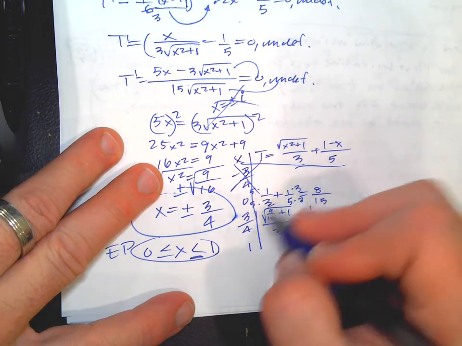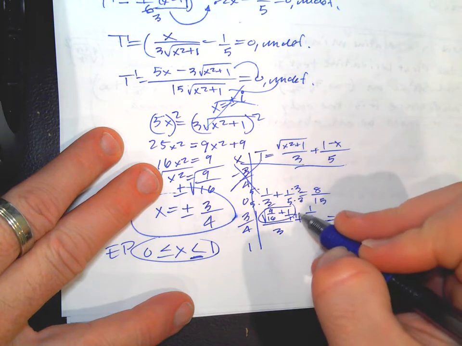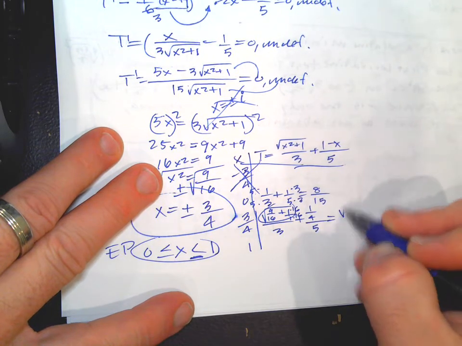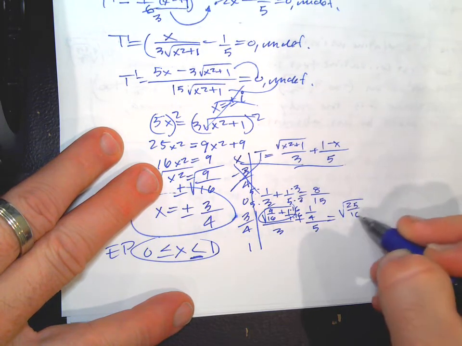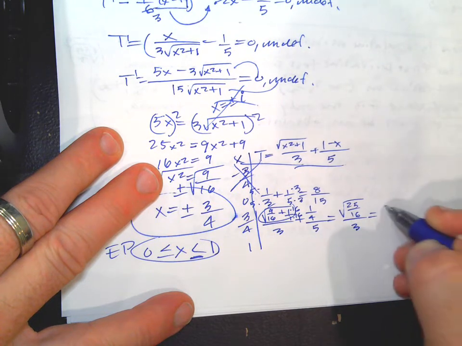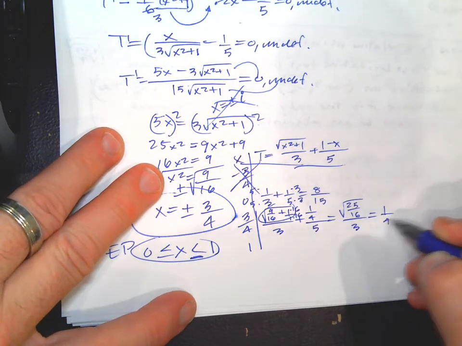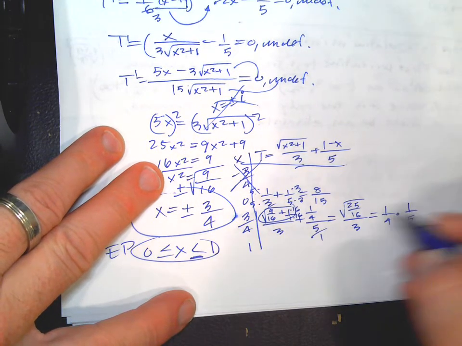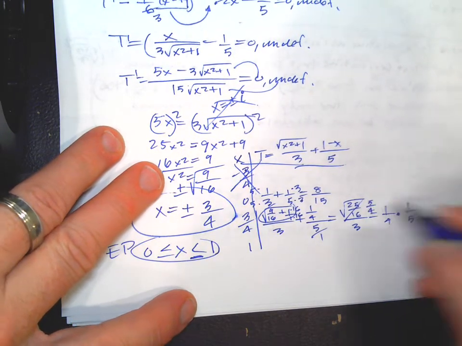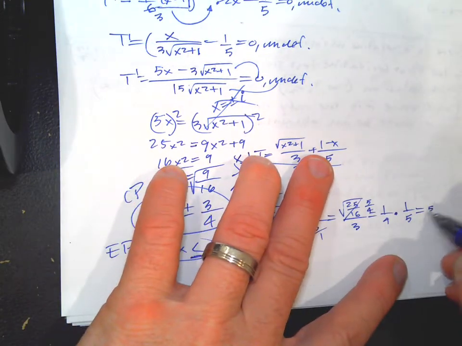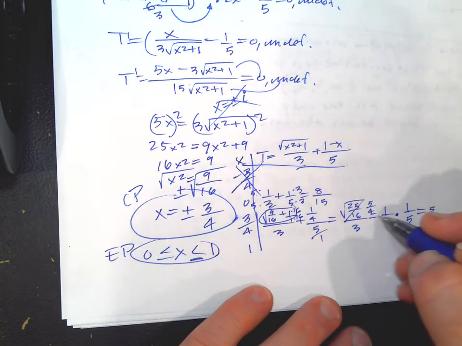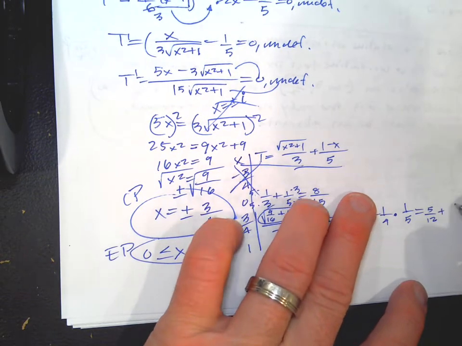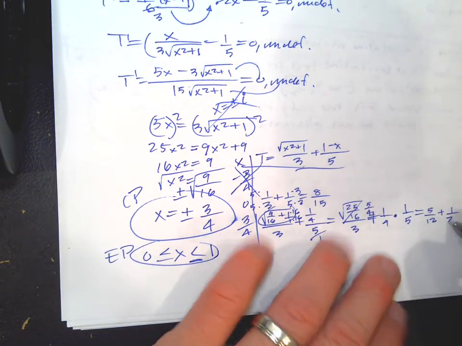Now, if you give this least common denominator, sorry, it's the square root of 25/16, which is going to be 5/4, which is going to be 5/12 plus 1/20.